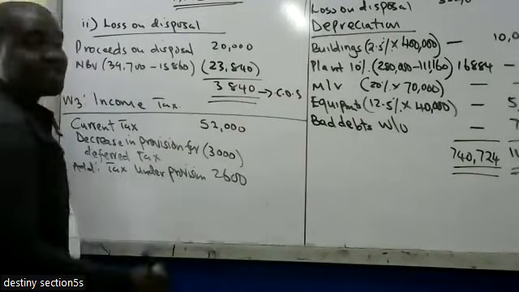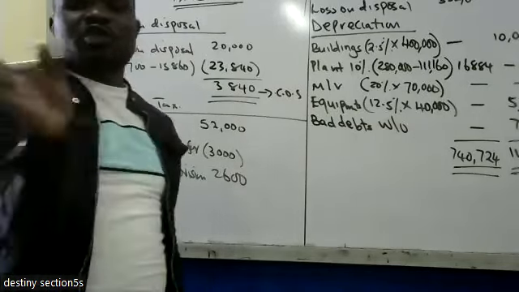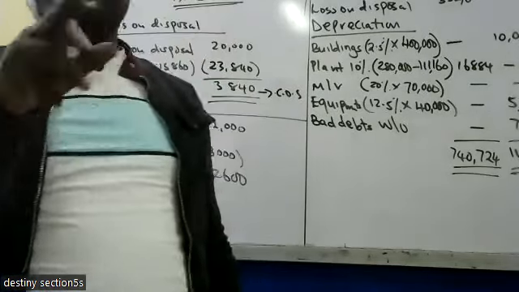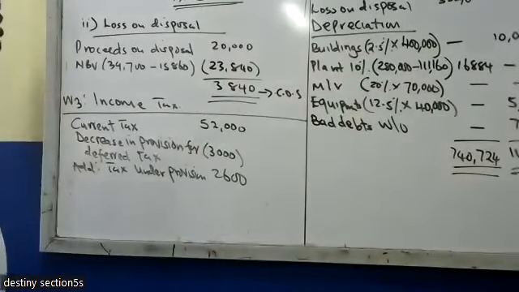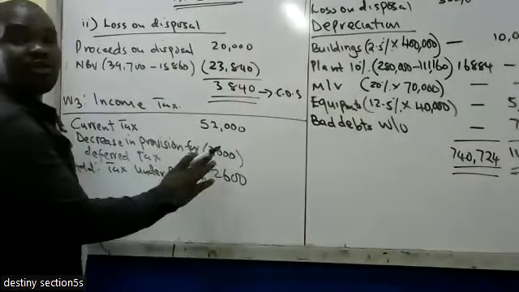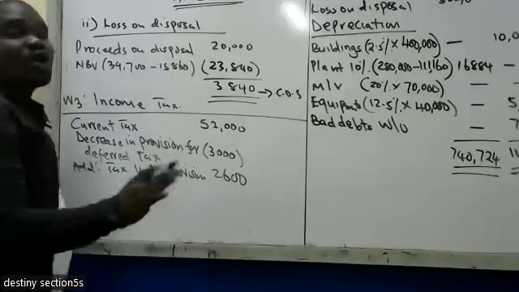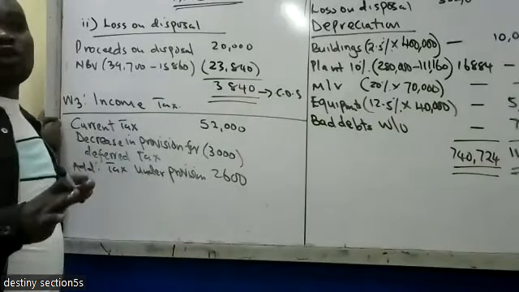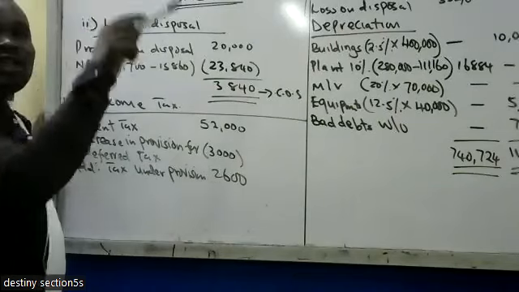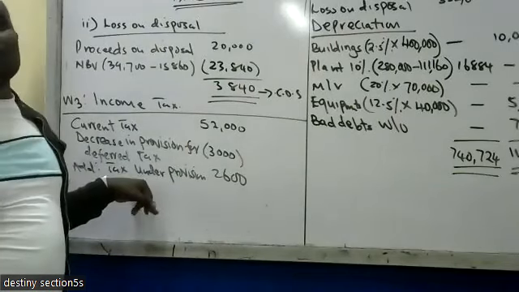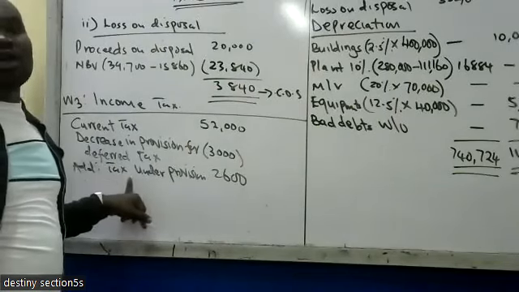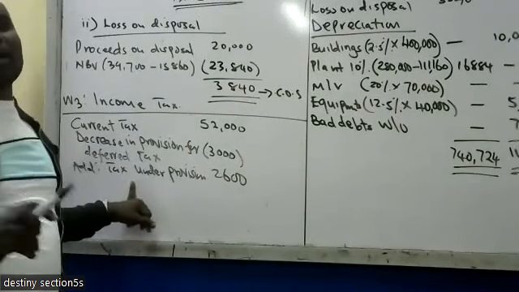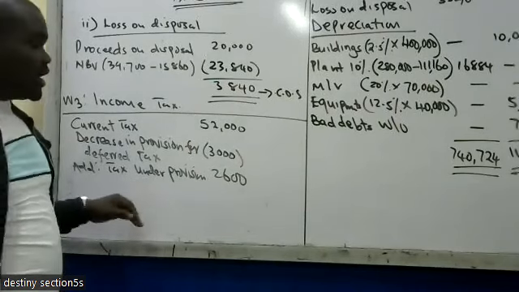For it to be on the debit side, it means it's an expense. If it was a credit tax, you subtract. If it was on the credit side, that one you less. But this one here, you add because it is still an expense. So our objective is to establish whether it is under or over. But when it appears on the debit, that is under provision, which is still an expense to be paid. Over provision will be on the credit side, which is a credit tax balance.